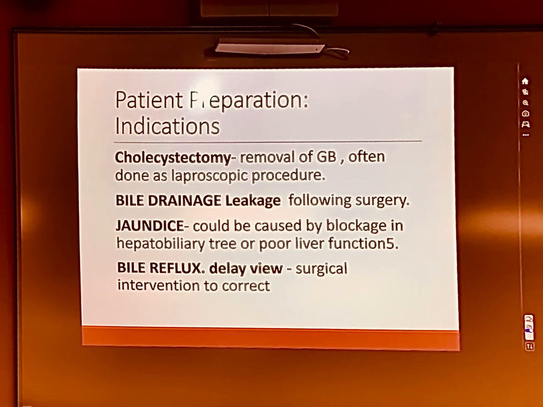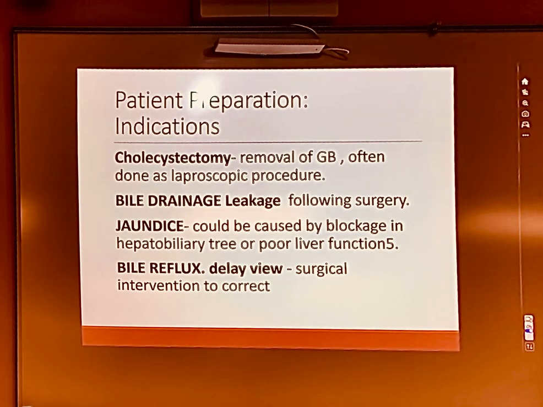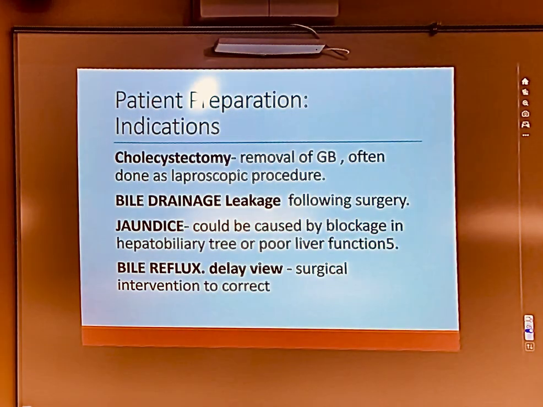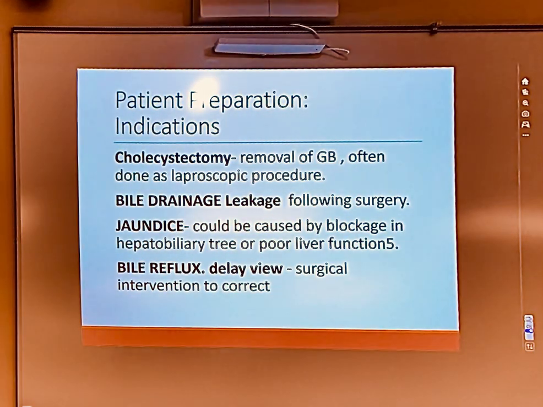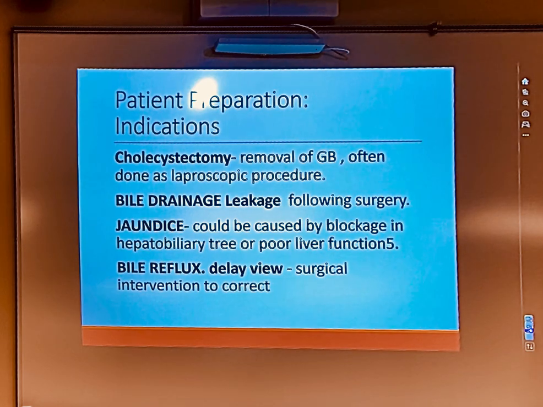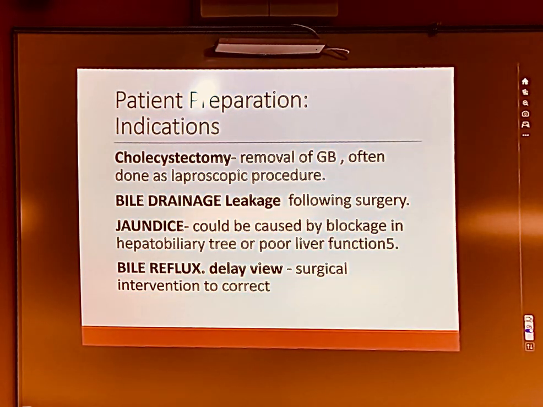Most often it's done as a laparoscopic procedure. If your patient is very large or they had a gangrenous gallbladder, they won't take chances and they'll do an open cholecystectomy, which is very easy to tell because the patient's got a huge scar. So that's the removal of the gallbladder.